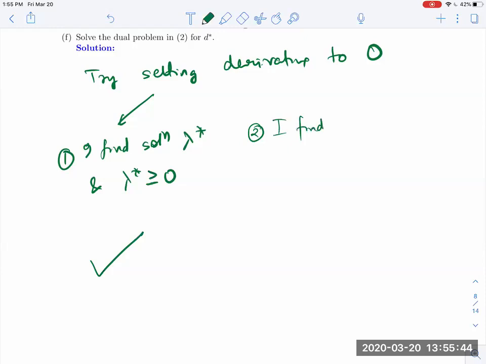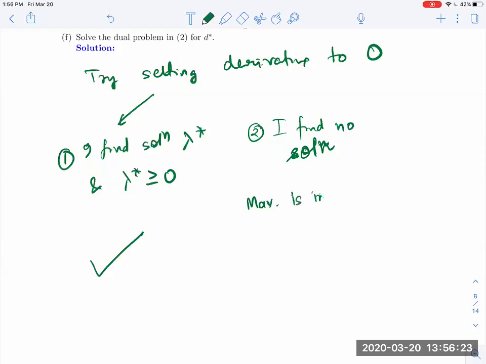What else can happen? I find no solution. What does that mean if you have no solution? You saw something like this in the midterm, right? If you're trying to maximize a concave function and you found no solution, it usually means the maximum is infinity. Or it always means the maximum is infinity, and you have to find the direction along which it goes to infinity.